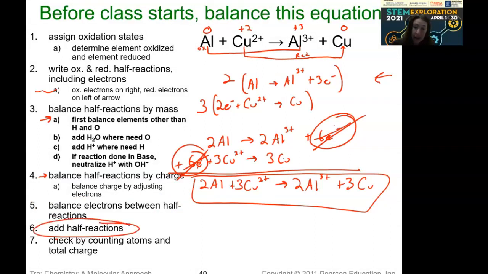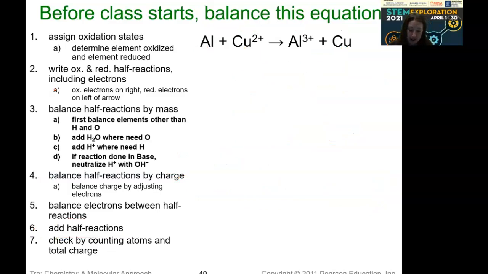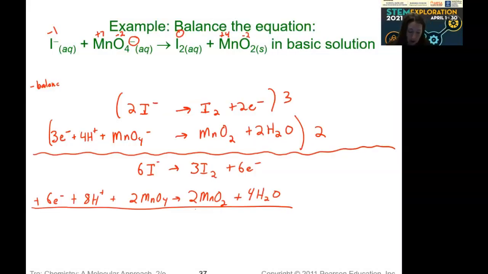Now we're adding the half reactions. So that's our next step. We add them. Our electrons had better fall out. So then we're left with 8 H pluses plus 2 MnO4 minuses. I think I lost a minus there.